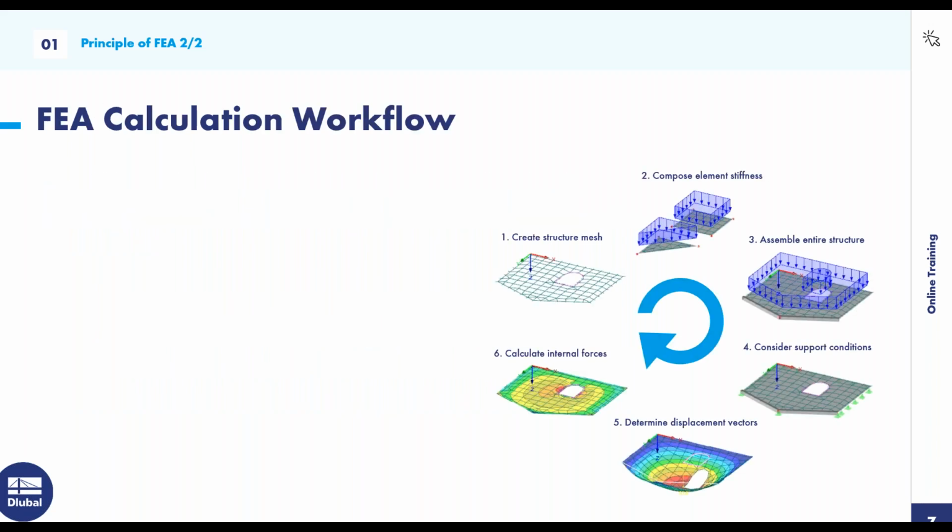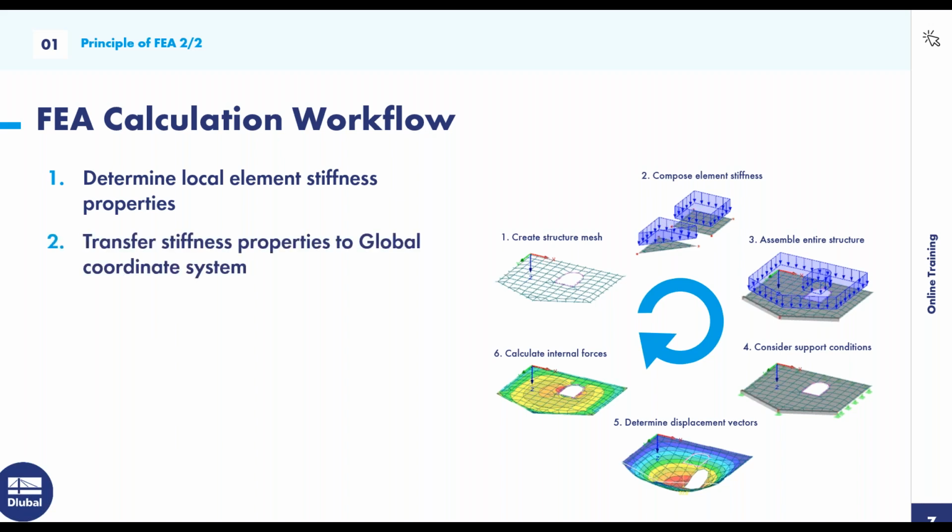Next, I want to go over the FEA calculation workflow. This is also good to know for most FEA software. First, the local element stiffness properties are determined. Then those local stiffness properties are transferred to the global coordinate system.